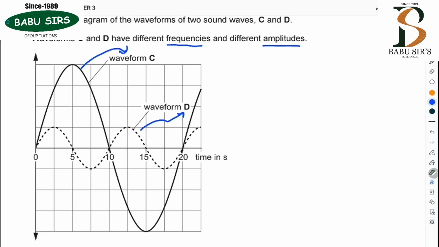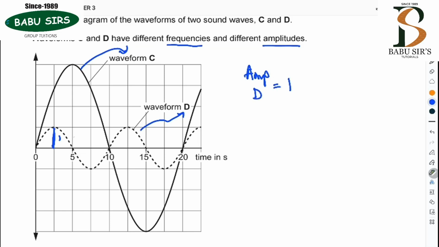So first we'll check the amplitude. Amplitude is the height of the wave. So here you can see if the height of the wave is 1, this is the amplitude of wave D, that is 1, suppose.